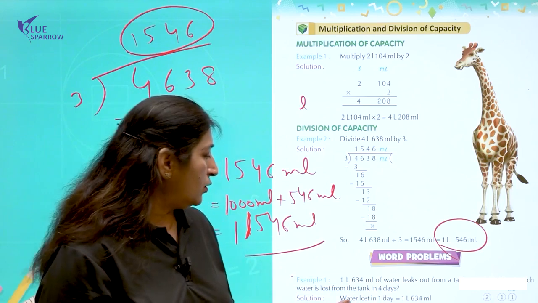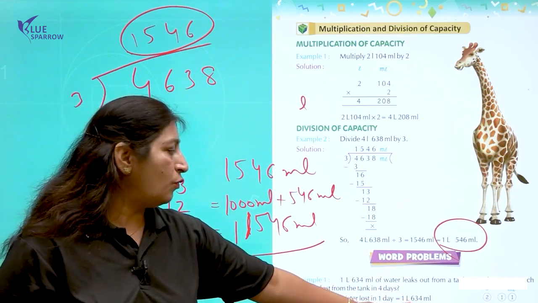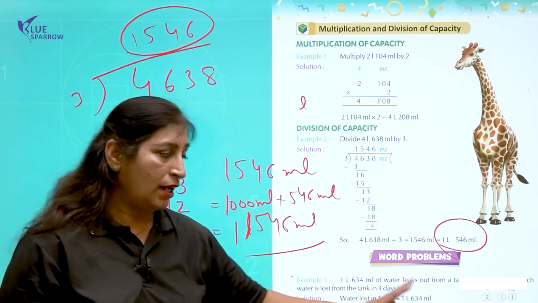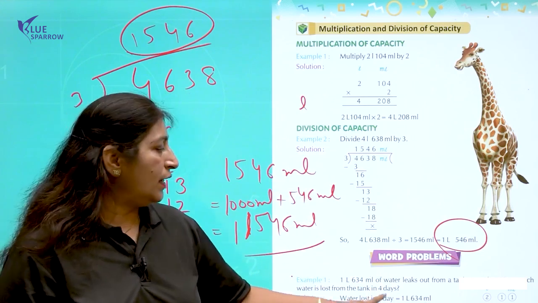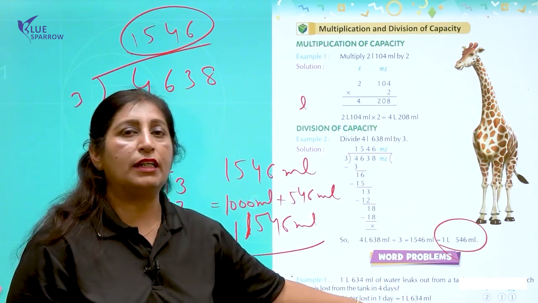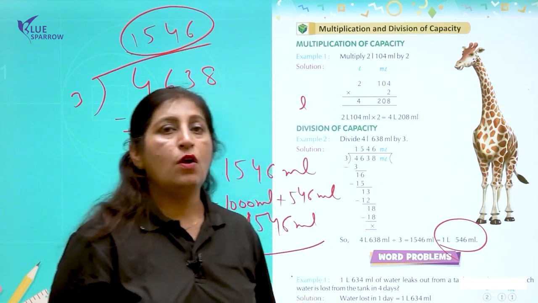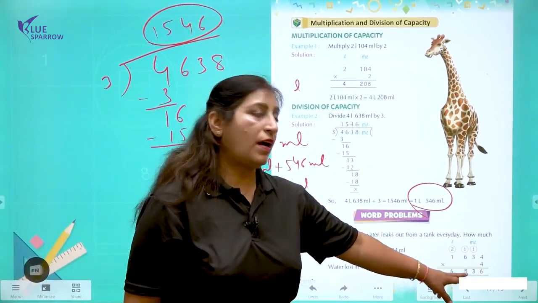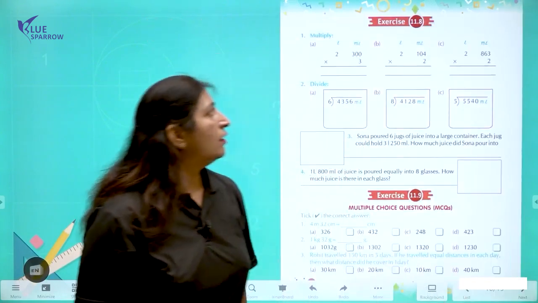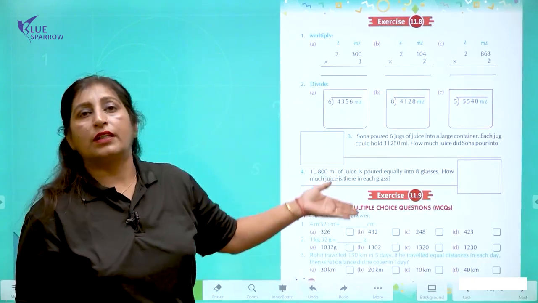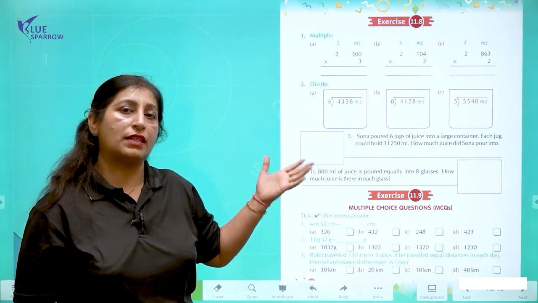So you would write the statement first, that is water lost in 1 day equal to 1 liter 634 milliliter and water lost in 4 days is equal to 1 liter 634 milliliter multiplied by 4, and by multiplying this number we would get 6 liter 536 milliliter. This is your answer. Now you can solve this exercise 11.8 in your book or notebook to reinforce the concept.